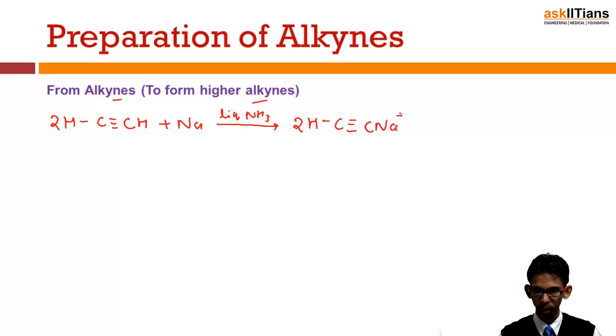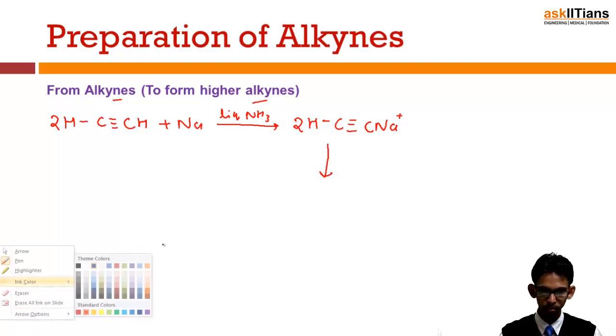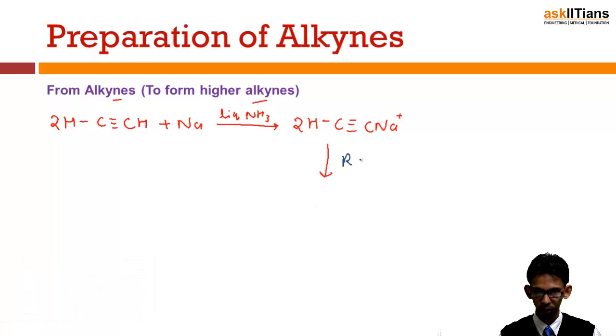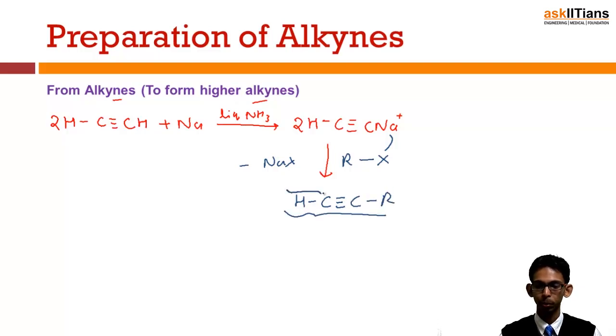When this is reacted with the alkyl halide, the halogen goes with sodium to form sodium halide, which comes out, and we get HC triple bond C connected with R. So this was one method for preparation of higher alkynes from lower alkynes.